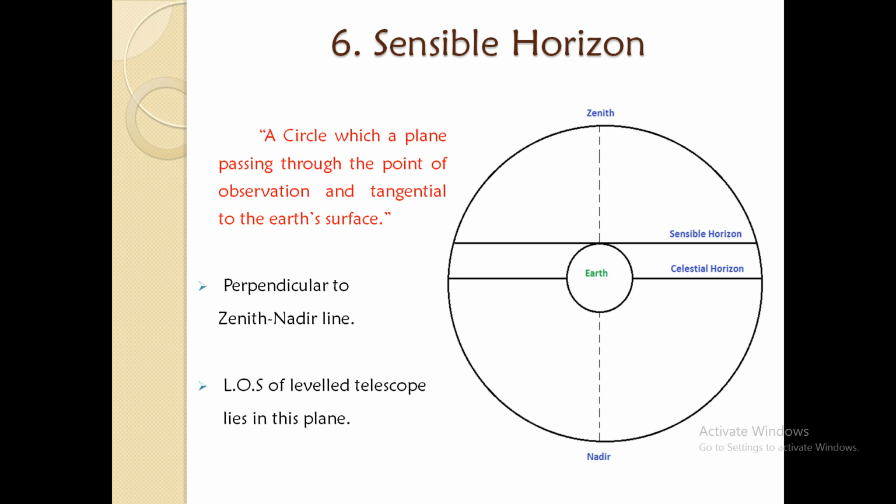So it is not a great circle, it is a tangential circle or a tangential plane which passes through the point of observation. But the sensible horizon will be always perpendicular to the zenith and nadir line. A leveled telescope will give actually the sensible horizon.